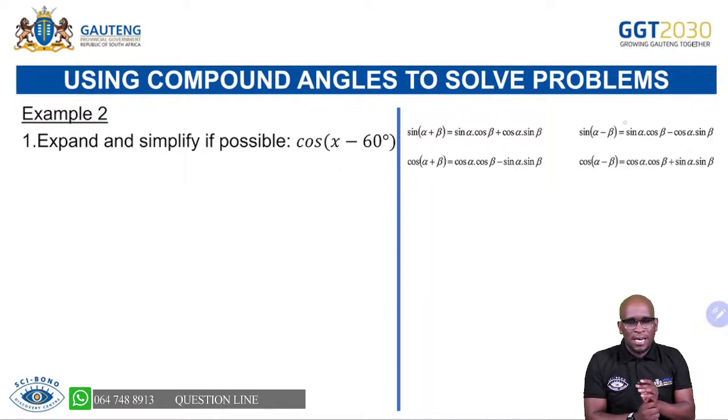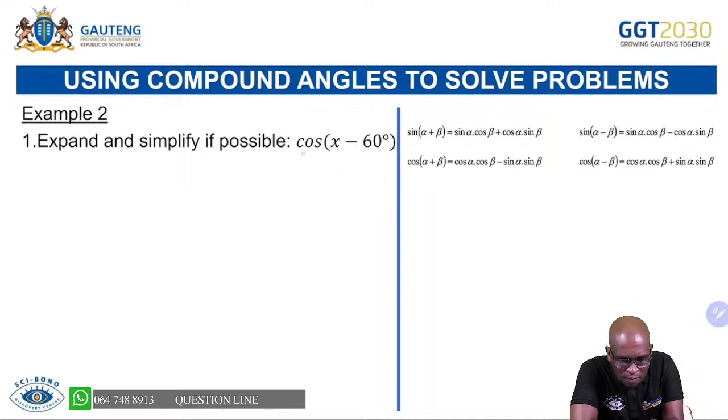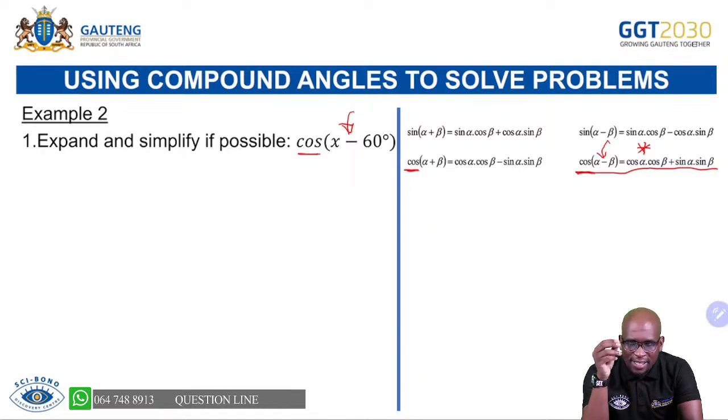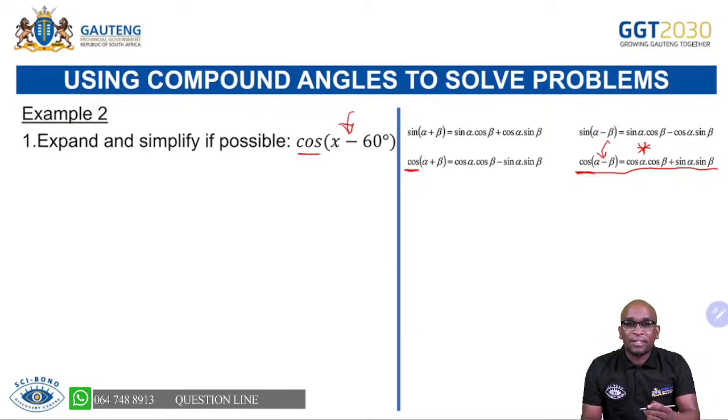Now, if you check here, we have the cosine, which means we are either using this formula or that formula. Now we check, it's x minus 60, so we are using the one with a negative. So this is the formula that we are going to use. Cosine of the first angle, cosine of the second angle, plus sine of the first angle, sine of the second angle. That's what it says.